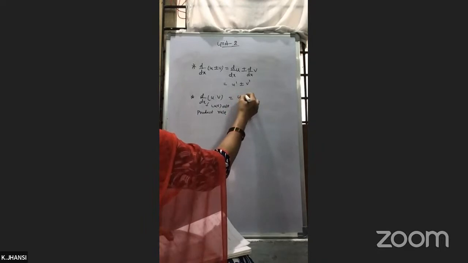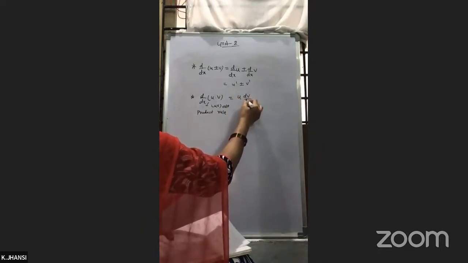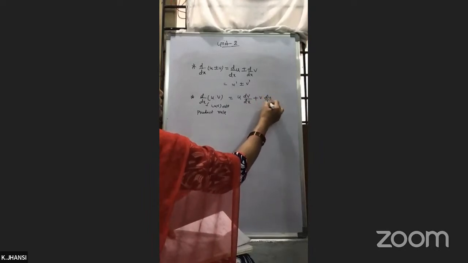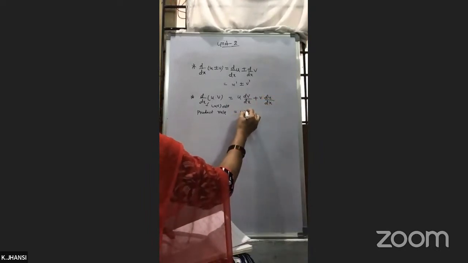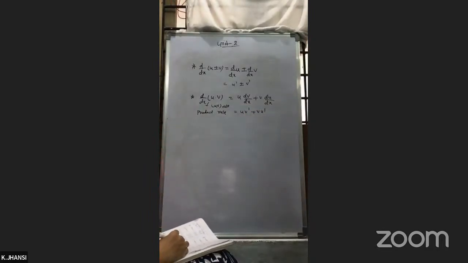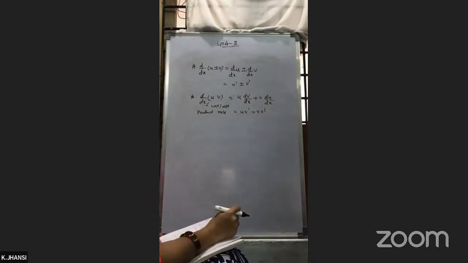You take u outside, u into dv by dx, plus v into du by dx. So that is u into v dash plus v into u dash. This is called the uv rule or product rule.